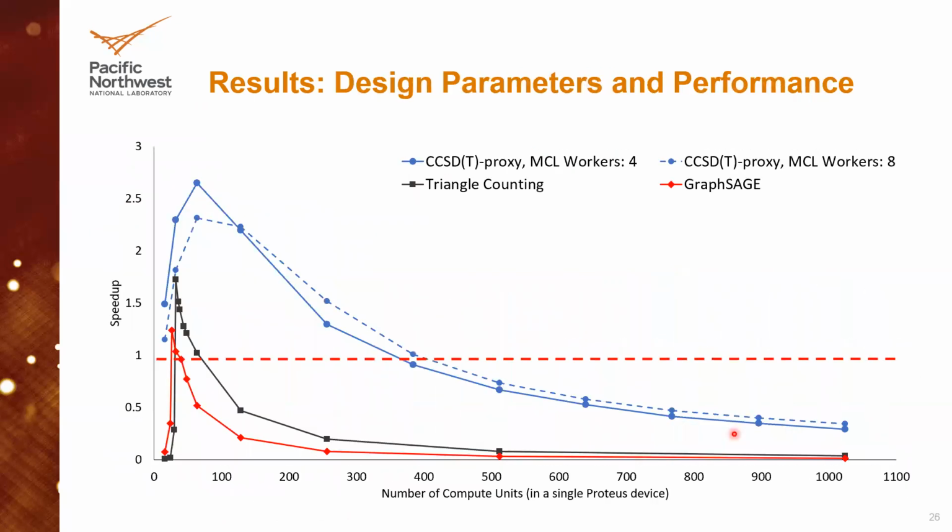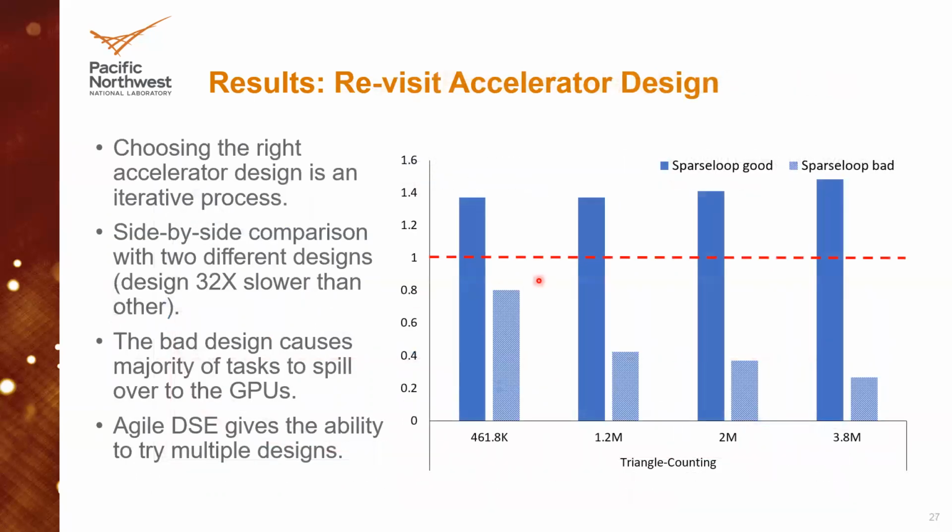Another thing we can explore using this framework is how many compute units you can put on a single device. Here we see adding too many compute units has diminishing returns. This is an example where we are comparing two designs, where one design is 32 times slower than the other. This causes these domain-specific accelerators to take a lot of time to go through these tasks.